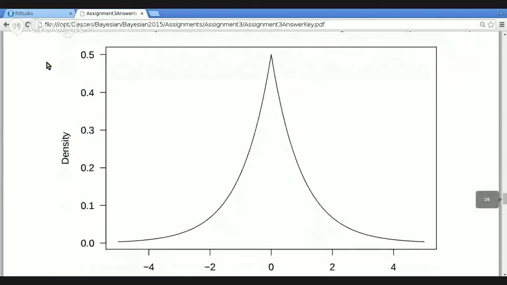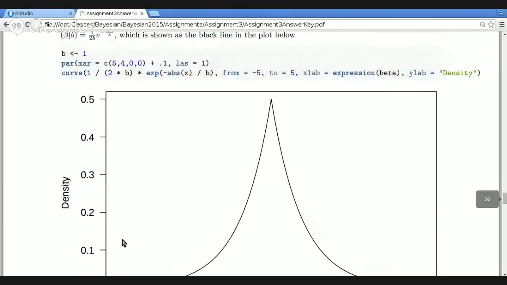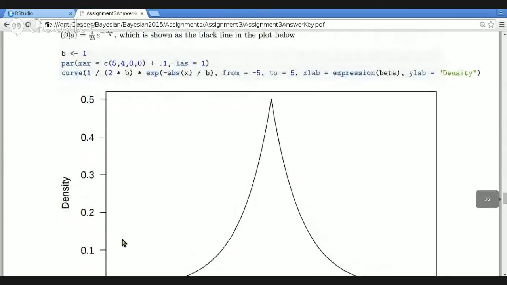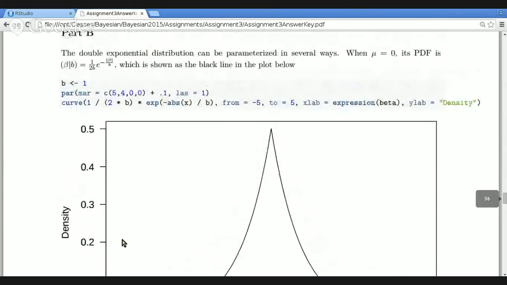And its PDF has this form here with a peak at the median, which in this case is going to be 0. So it has this shape that concentrates most of the density near 0, but has pretty long tails, and it's symmetric in both directions.